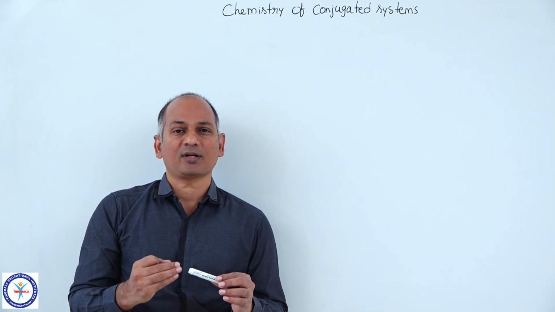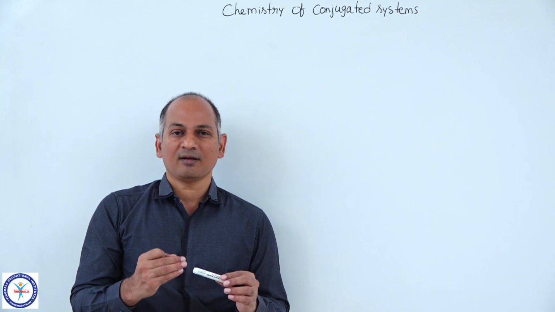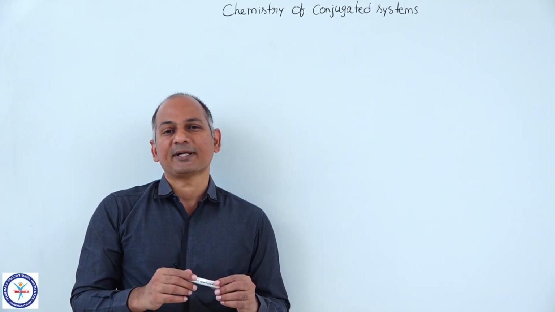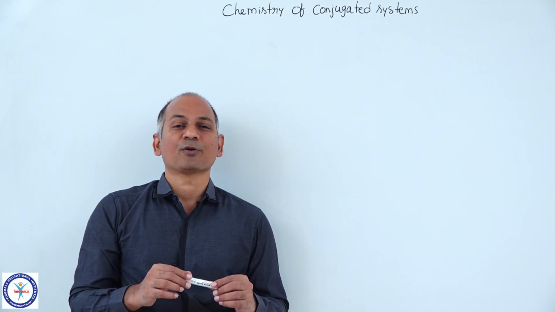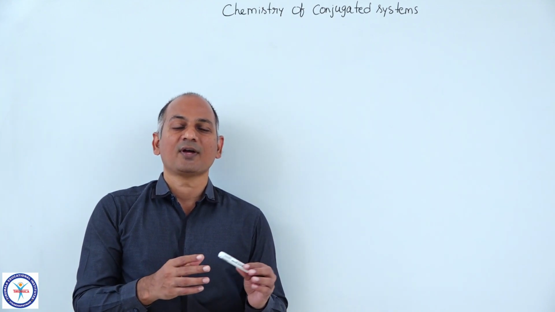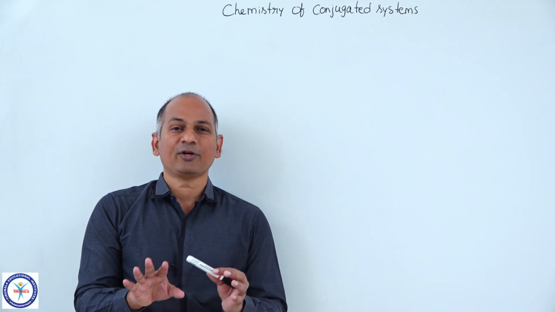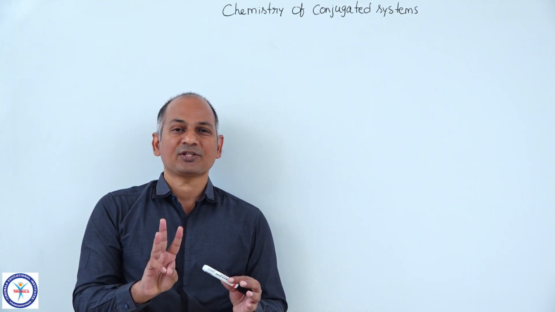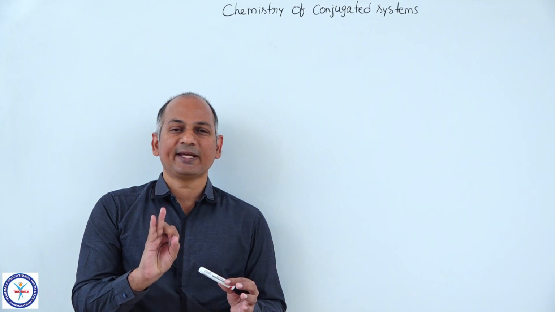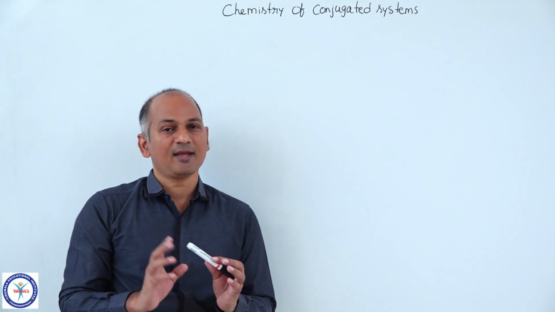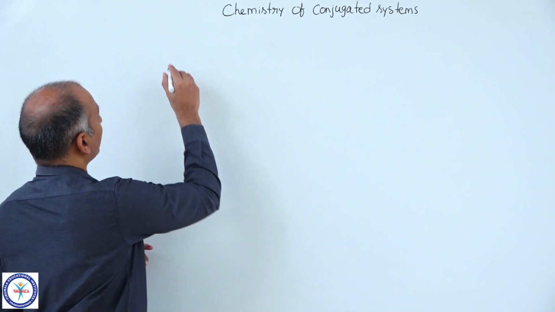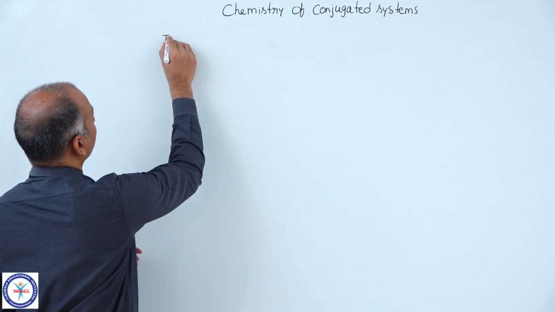Of course, we have one more reaction in which these conjugated systems participate, that is electrophilic substitution, the electrophilic substitution reactions of benzene, but I am not going into that. So three main reactions, and apart from this, introduction. So first let me start with introduction.